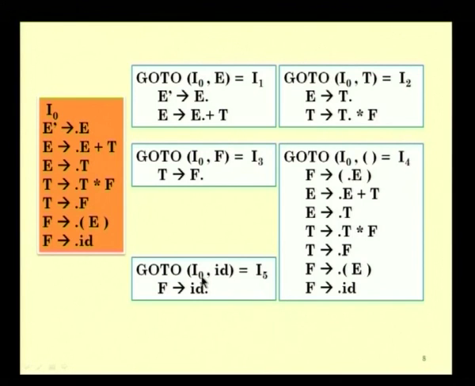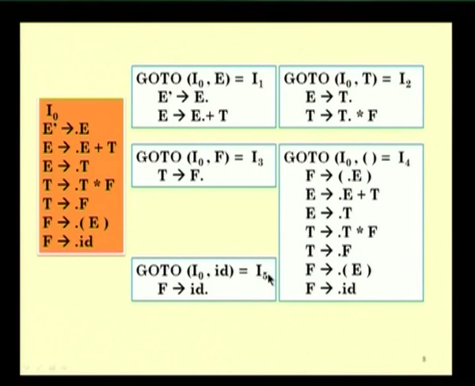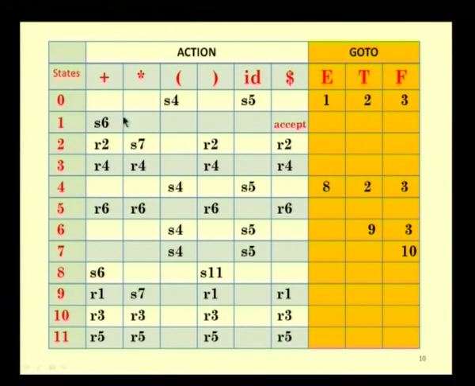So the action is: 0th state, column is ID, the output is shift ID onto the stack and resume the parsing process from 5, which means S5 is the action. So we have 0 comma ID, we will be having S5. So this is how we are filling the shift actions.